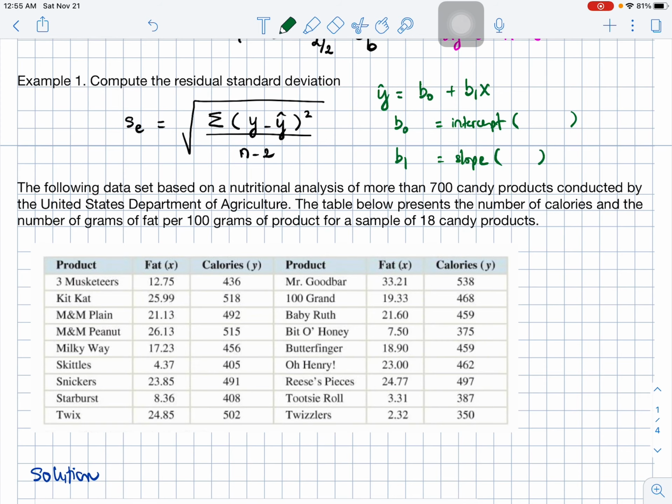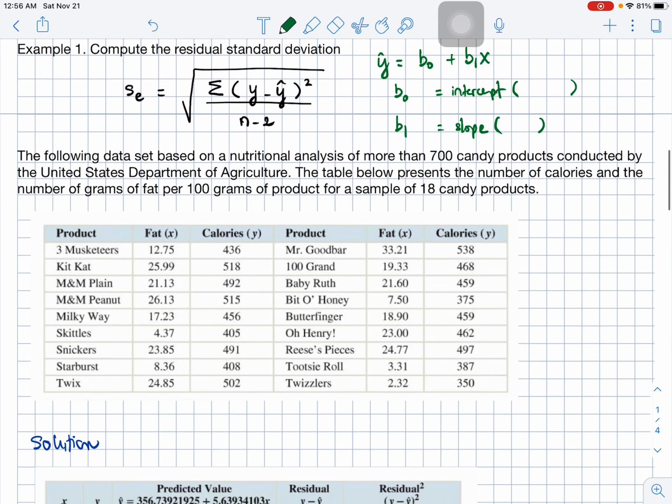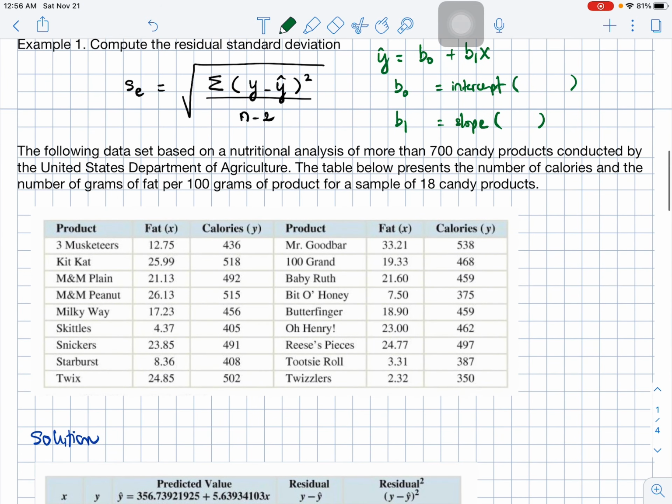Now we want to compute the residual standard deviation for the table below. The table represents the number of calories and the number of grams of fat per 100 grams of product for a sample of 18 candy products.